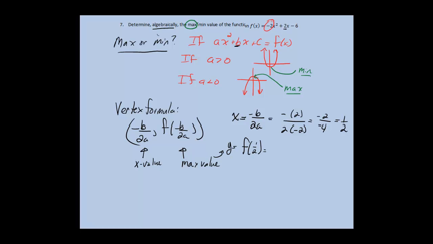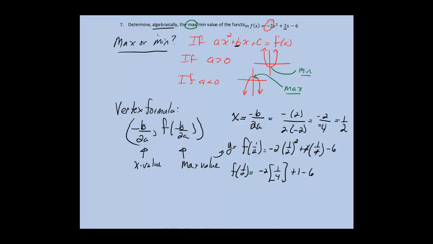This will give me -2 times 1/2 squared plus 2 times 1/2 minus 6. -2 times 1/2 squared gives you 1/4, and hopefully you recognize that 1/2 squared is really 1/2 times 1/2, which gives you 1/4. Plus 2 times 1/2, the 2s cancel, so we get +1 minus 6.